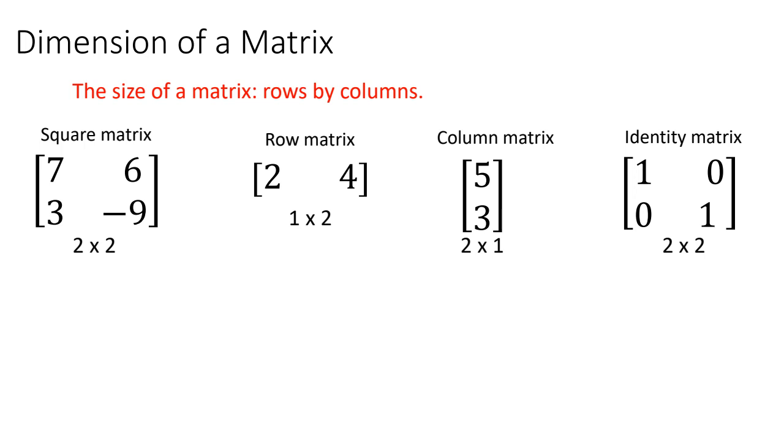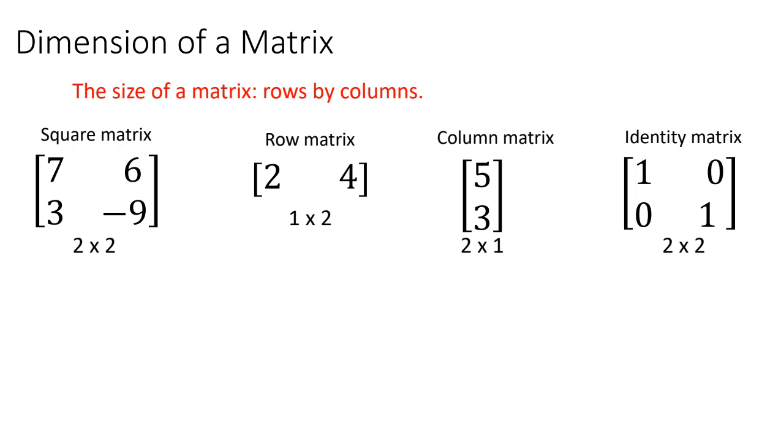In our first example, we have 2 rows and 2 columns, so the dimensions of this matrix is a 2 by 2. In the second example, we only have 1 row and 2 columns, so the dimensions are 1 by 2.